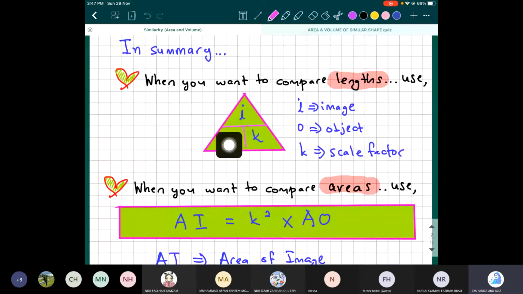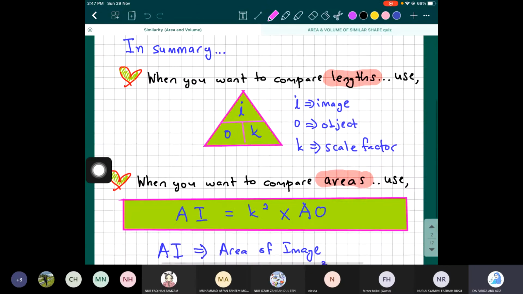Pyramid yang saya akan gunakan IOK, which I, small letter i stands for image, O is for object, K is scale factor. Okay, kalau nak cari I, O dengan K, kalau duduk kat bawah ni, di sebelah-sebelah maknanya darab. Kalau kita cari O, image divides K. Kalau nak cari K, image divides O. Okay, ni bila melibatkan length.